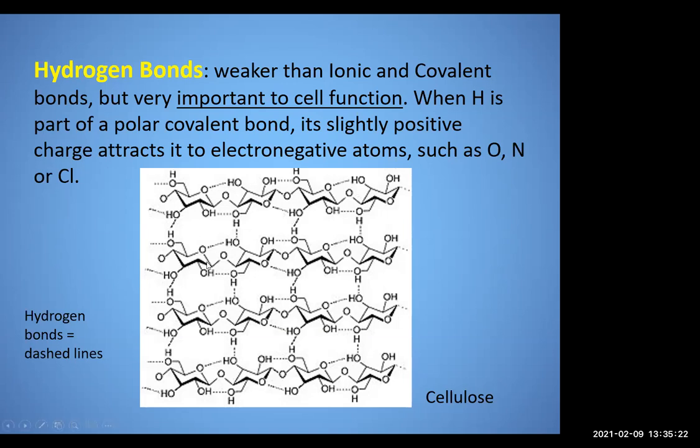Each one of these little structures indicates a ring structure of carbon. Each corner of the ring, except for the one shown with an oxygen, is a carbon atom. Anyway, cellulose is really strong because it's held together by lots of covalent bonds and also lots of hydrogen bonds.